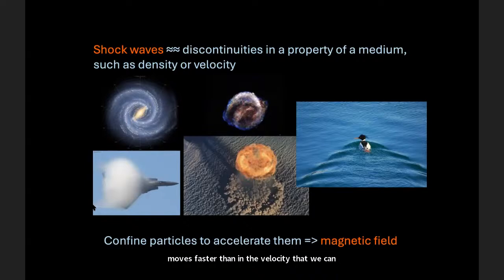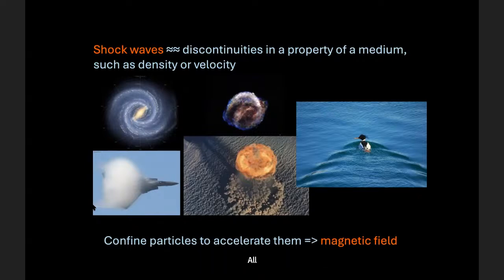For example, it is what produces this phenomenon when airplanes fly faster than the velocity of sound, or a duck moves faster than the waves can move, or what we produce in nuclear bombs.